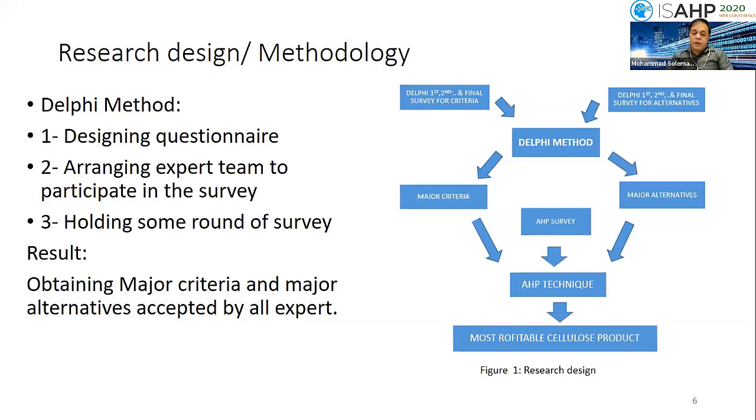We do the same for alternatives, but we list all possible alternatives and let the experts eliminate unimportant ones by giving low numerical values, until all major alternatives remain and all experts agree on them. As all experts see the others' ideas, we let them correct themselves. And in the final round, we get the result that all experts believe in.